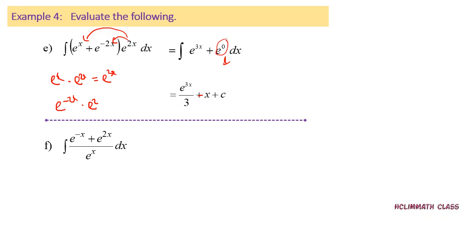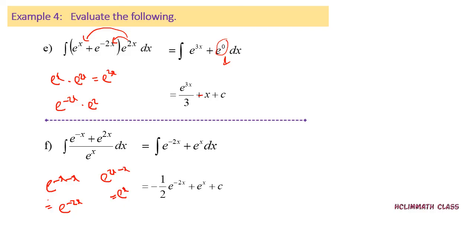And finally, if we have this, before we do anything, we just simplify first. When dividing, we subtract, right? Minus, so you get e to the power of minus 2x. For this case, e to the power 2x minus x, so you have e to the power x. This means you simplify first, and only then we start to integrate.